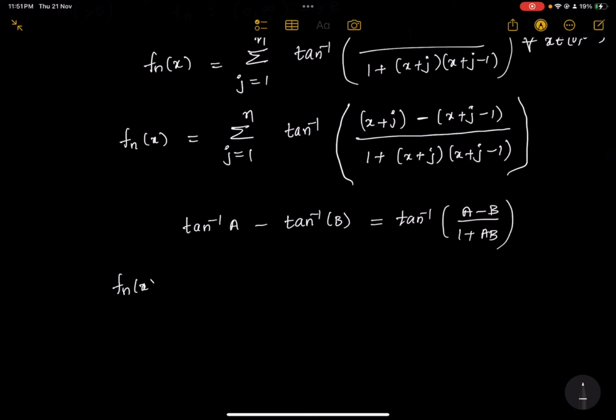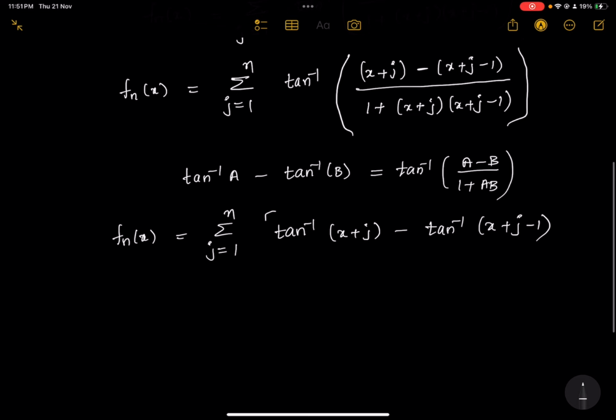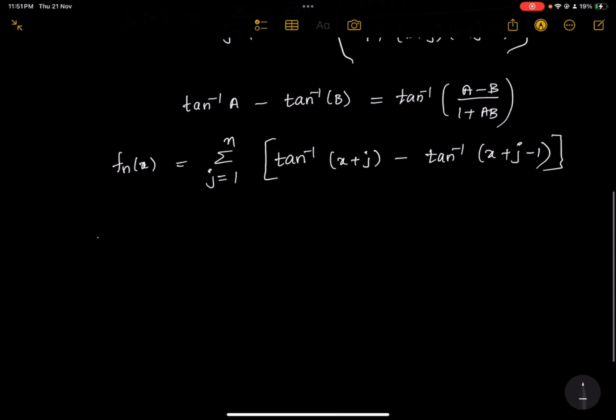So fn of x is equal to the sum from j equals 1 to n. According to this formula, it will be tan inverse of (x plus j) minus tan inverse of (x plus j minus 1). Now let us put the values. If we put j equal to 1, it will be tan inverse of (x plus 1) minus tan inverse of x.